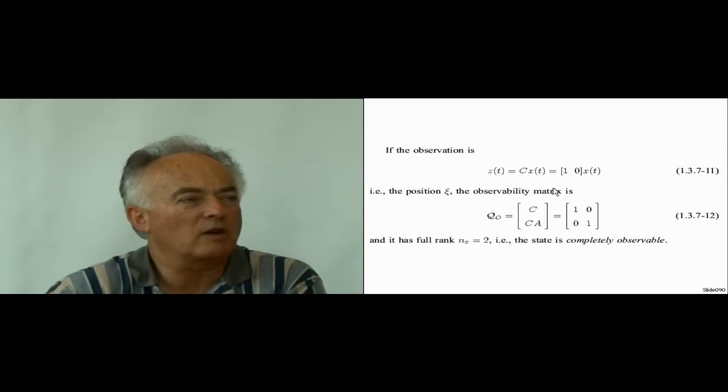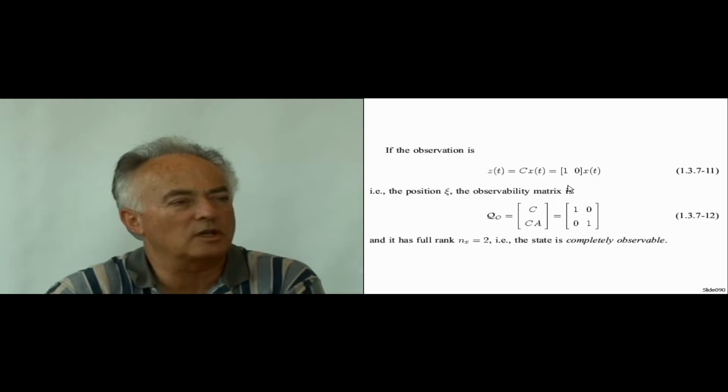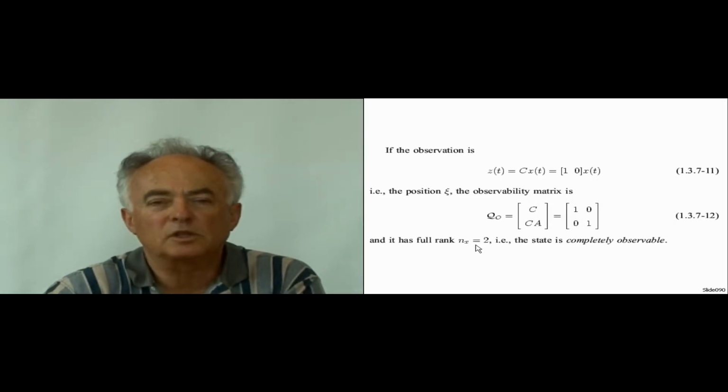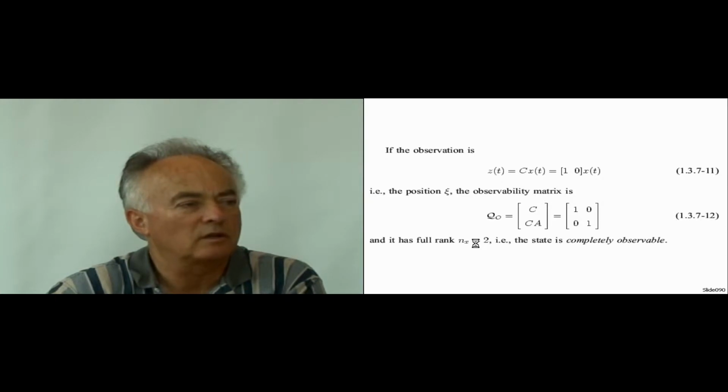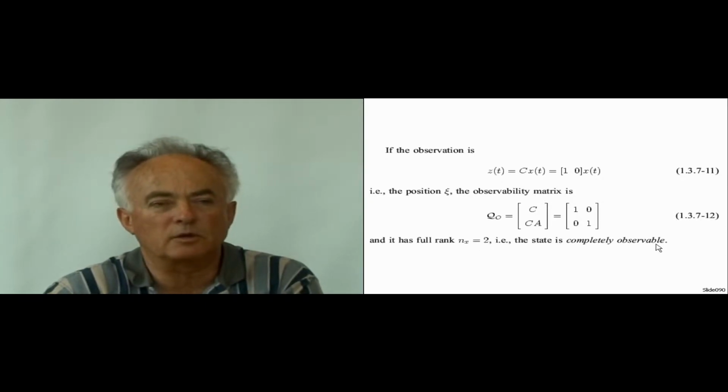So what we have is position-only observations. The observability matrix, we can write it: C, that's [1, 0], and CA, that's [0, 1]. Again, this matrix has full rank equal to 2, and the state is completely observable.